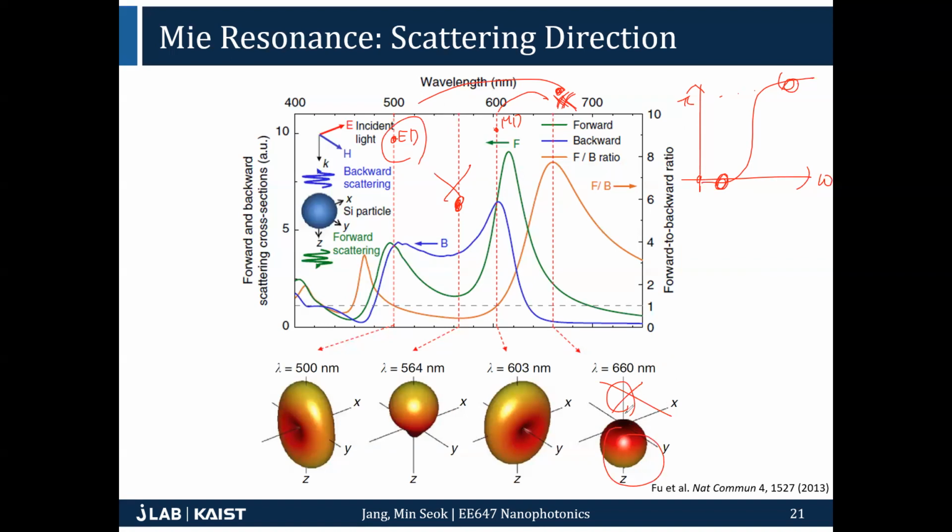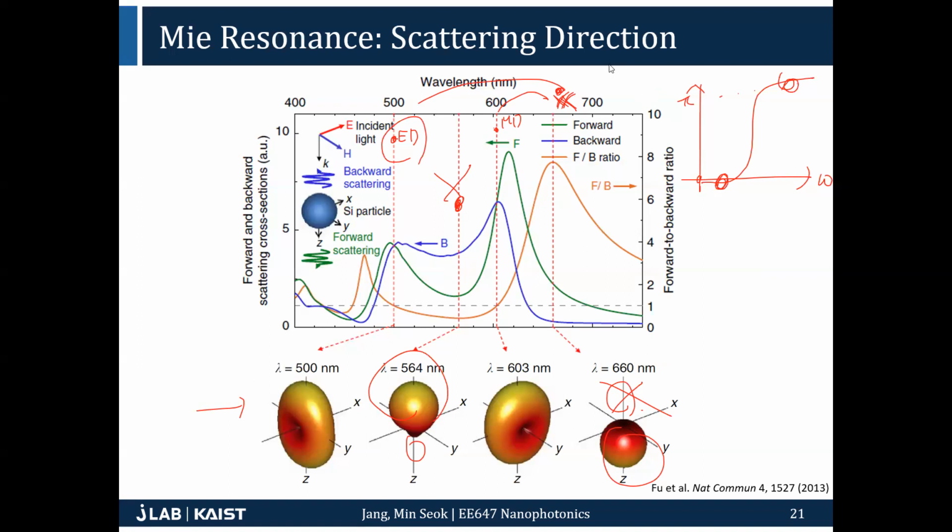So what happens is that now the backward propagation is enhanced and forward propagation is suppressed, right? So this is how you understand this scattering dynamics.